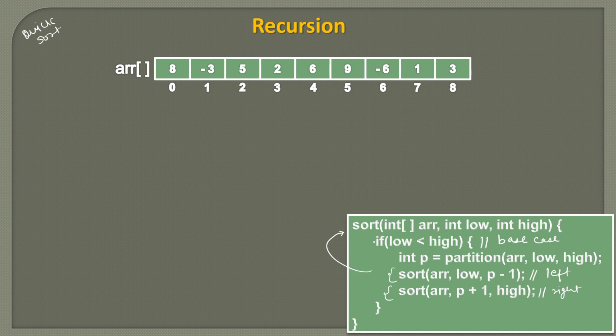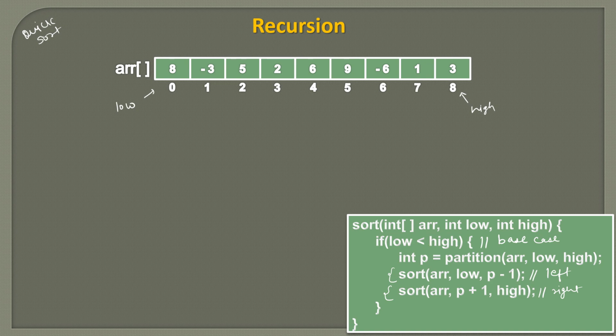So at a high level, let's see how this recursion looks. In our next video, we will see the step-by-step demonstration of this quicksort algorithm. But for the time being, we can just see at a high level how this recursion looks. So here at the start, we need to sort this complete array. So this will be our low and this will be our high.